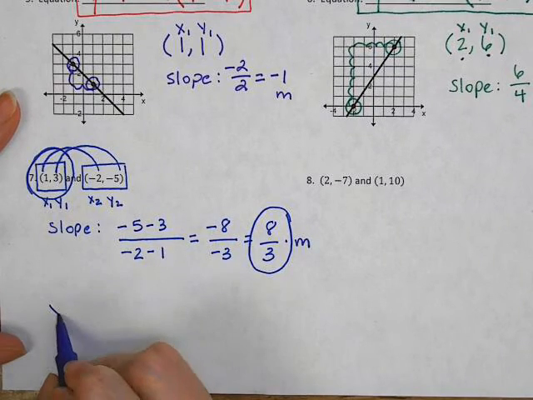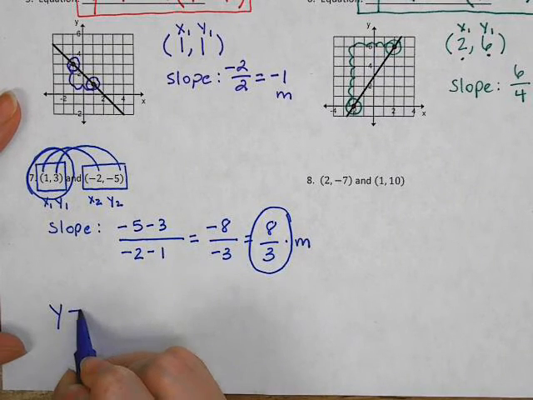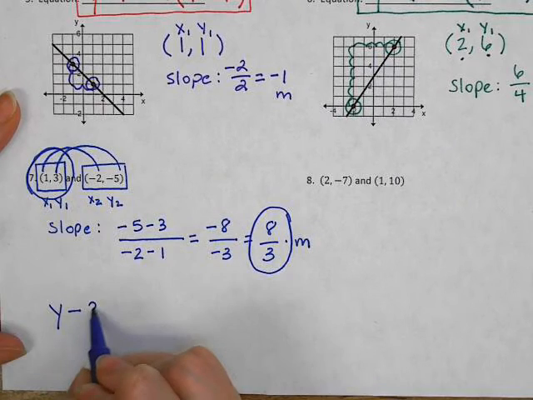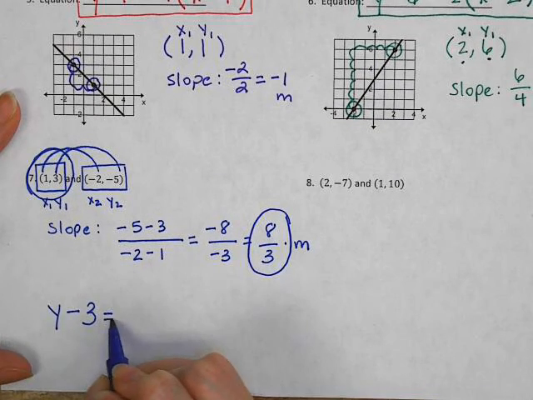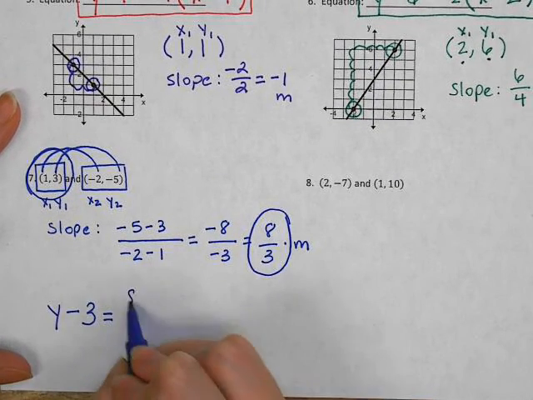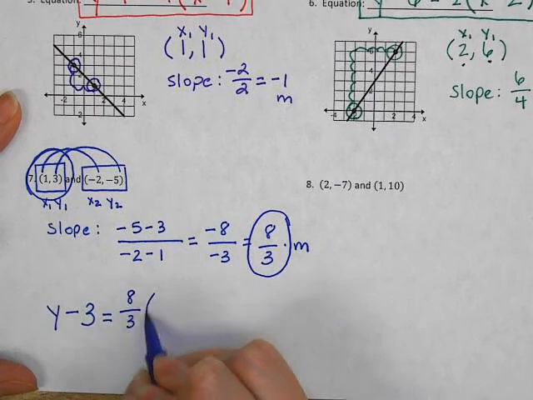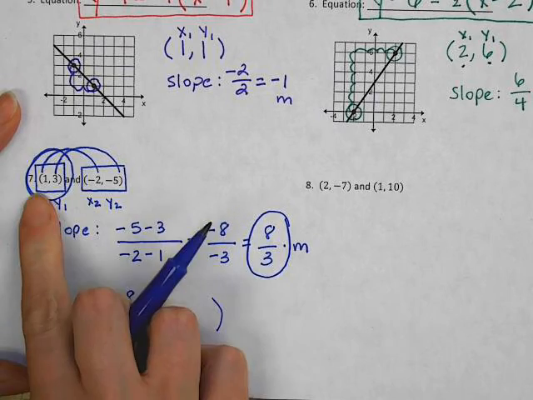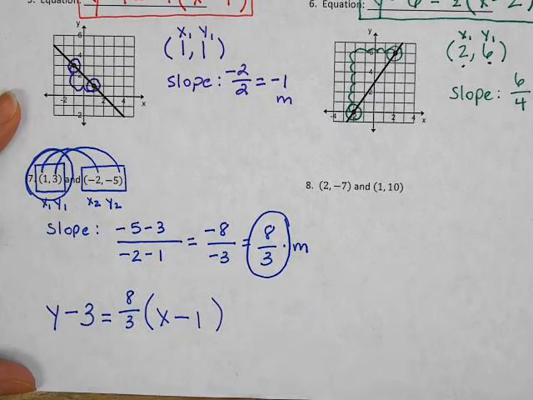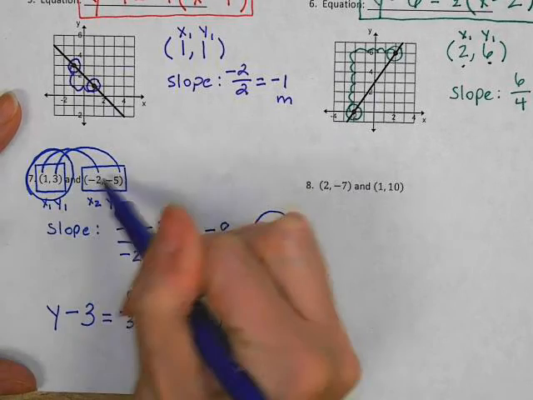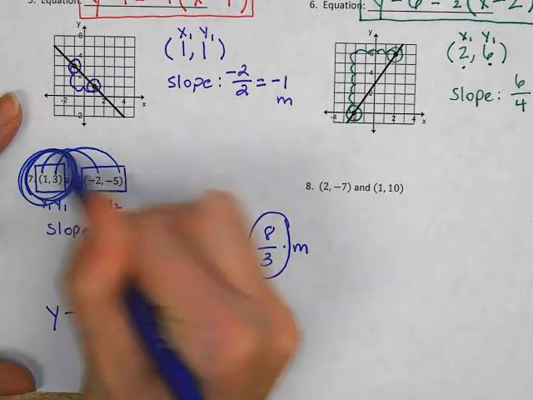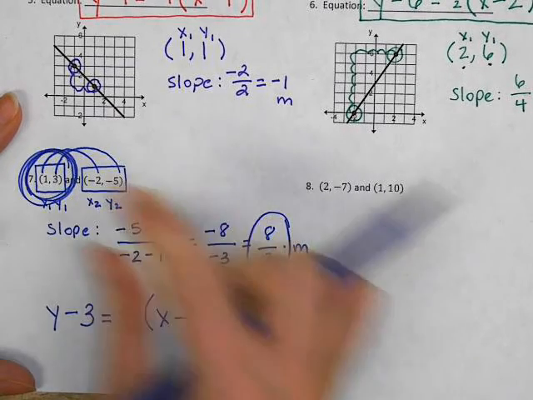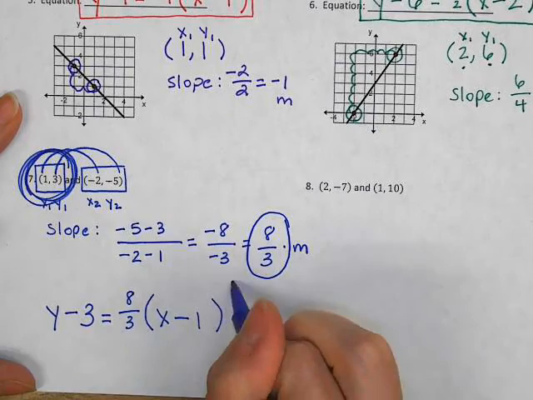So the formula is y minus y1, so y minus 3, equals m, which is 8/3, parentheses, x minus x1, which is 1. But again, you can only pick one point. Don't use a little bit of each. Pick one and stick with it. That is your answer.